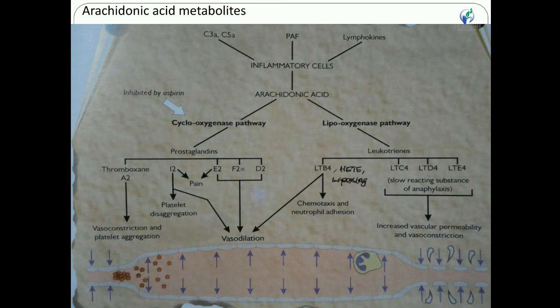Then we moved to the arachidonic acid metabolites, the eicosanoids, with two specific pathways, the cyclooxygenase pathway and the lipoxygenase pathway. The cyclooxygenase pathway includes thromboxane, prostacyclins, and prostaglandins E2, F2 alpha and D2. The lipoxygenase pathway includes the leukotrienes B4, C4, D4 and E4. So this is all about cell derived mediators.